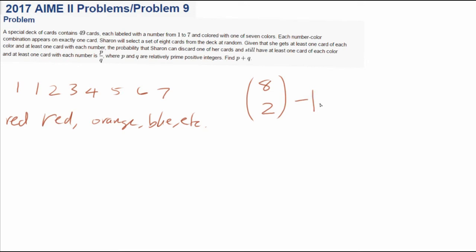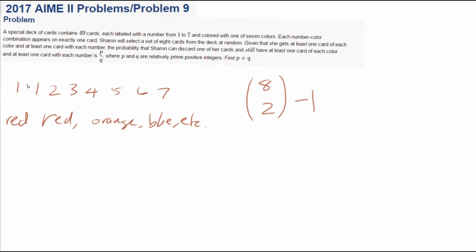Now with these possible orderings, what's the probability that she has at least one of the reds assigned to one of the ones?